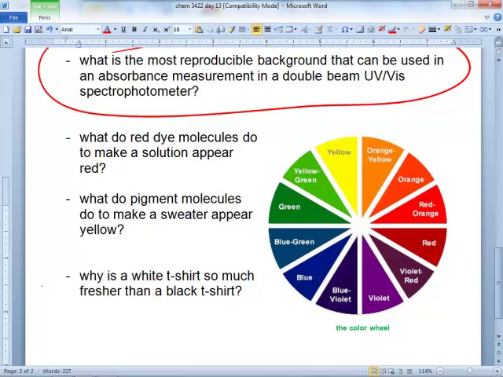What do red dye molecules do to make a solution appear red, Anna? The hint is the color wheel.